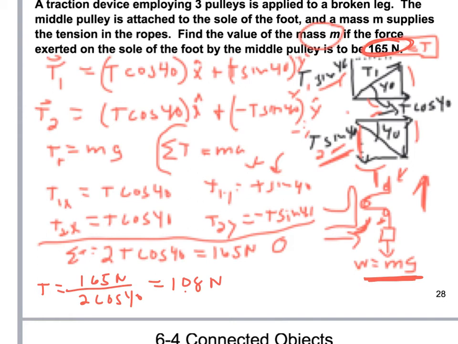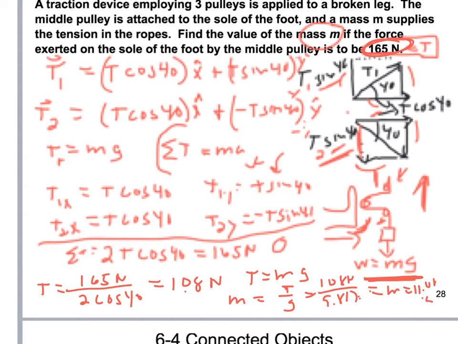direction. And so now when we want to solve for the mass, we want to take our tension and set it equal to the weight, and then solve for m, where we divide through by g. So we have our tension divided by g, and that's going to be 108 newtons divided by our 9.81 meters per second squared, and that gives us a mass equal to 11.08 kilograms.